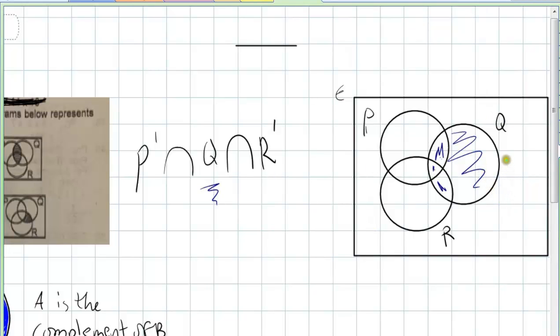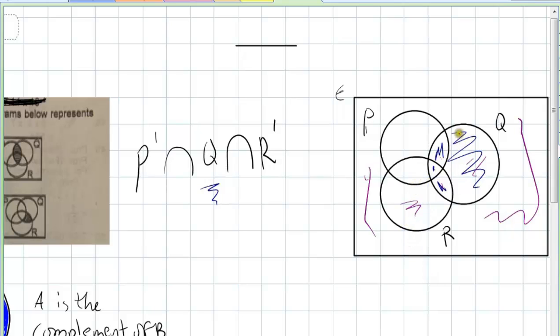You could also consider it Q prime and R prime. But the point is, everything out here, everything outside of the circle of P is P prime because it all adds up to 1.